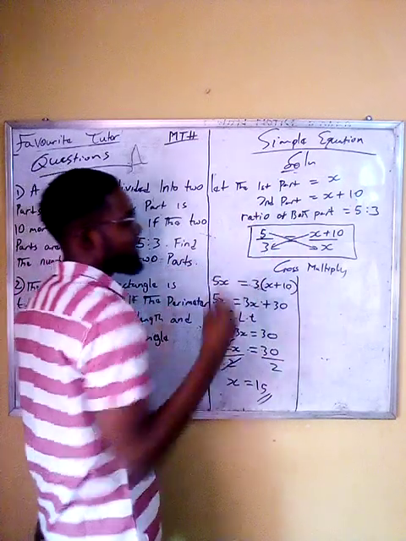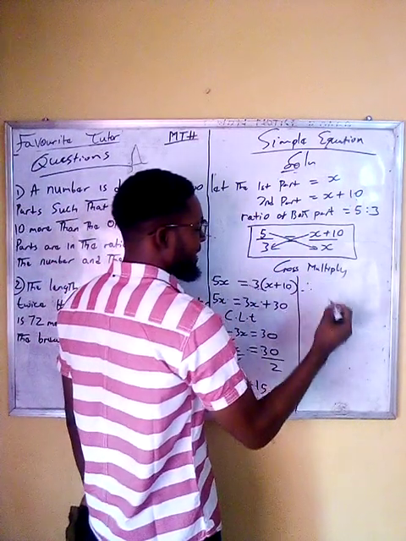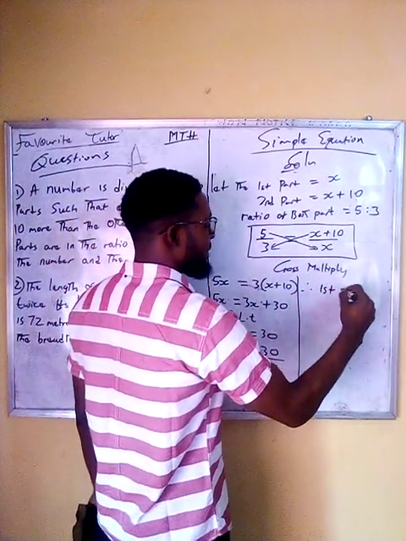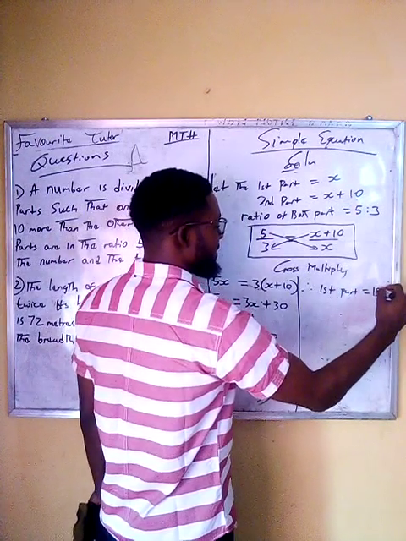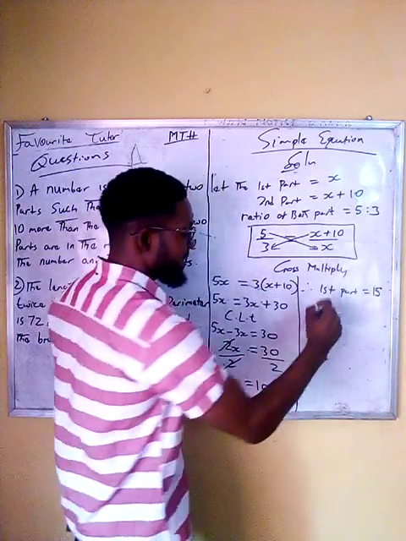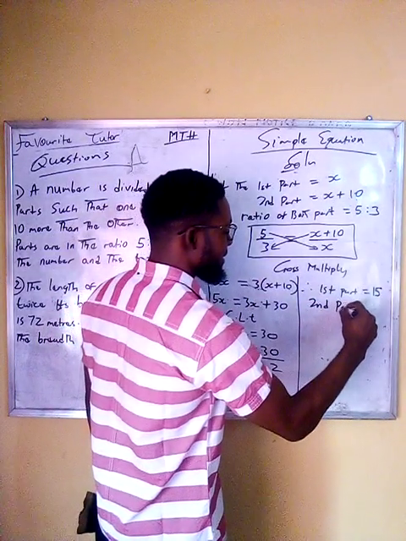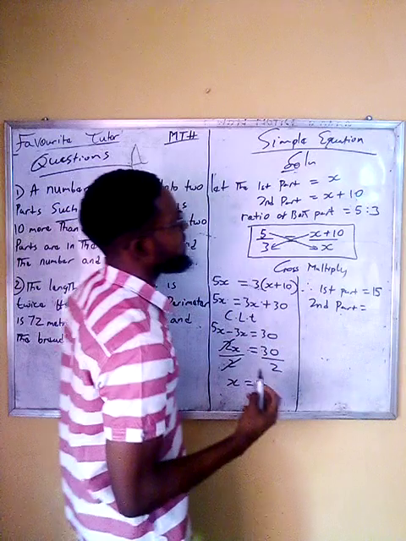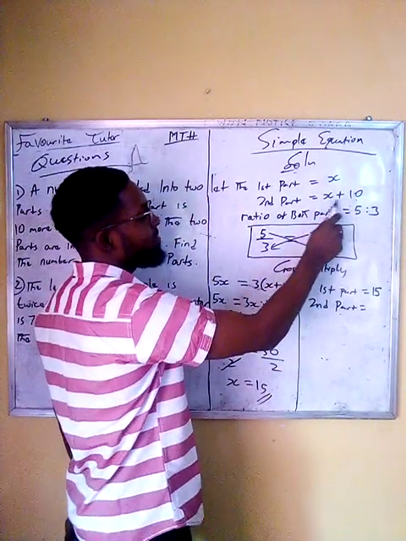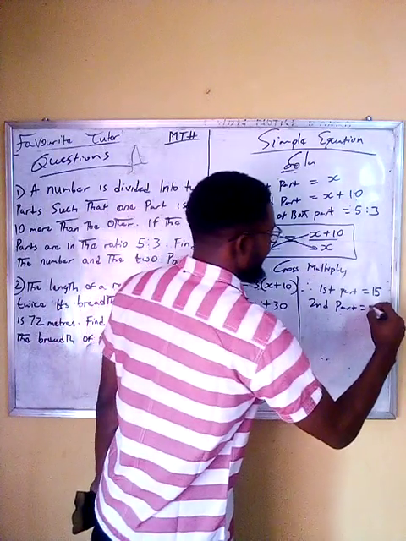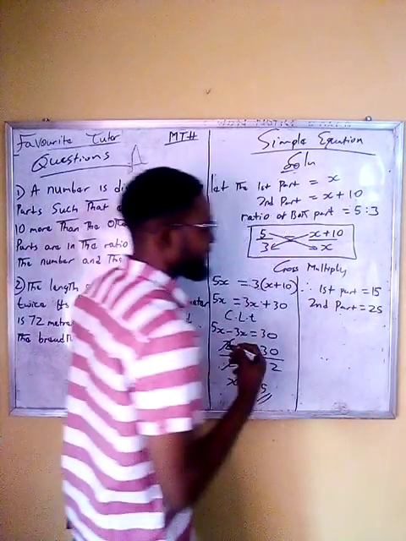And what is x? x is the first part. So I can say therefore the first part is equal to 15. And the second part will be equal to x plus 10, which is 15 plus 10 gives you 25.